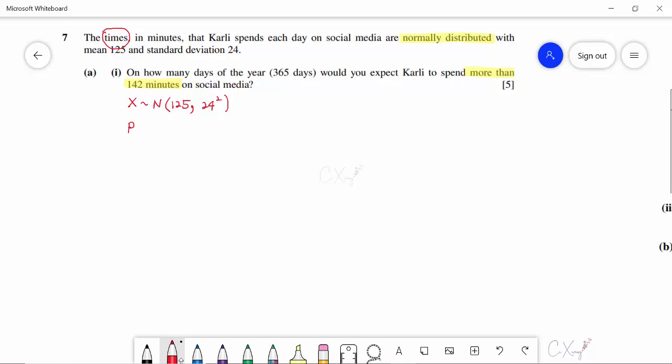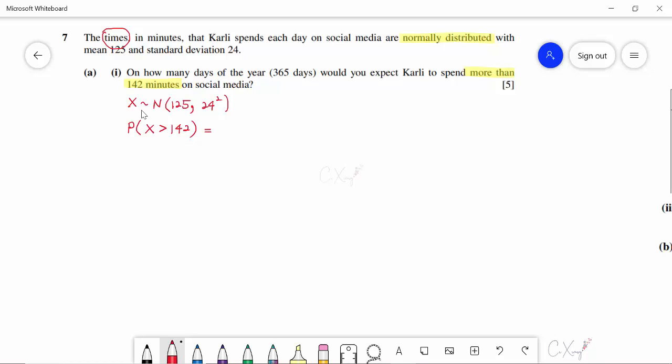When you translate it into symbol form, it should be X, which is the time, greater than 142. You need to find this probability first, and after that you multiply it by the 365 days to know the total number of days in the year that CAIE spends more than 142 minutes on social media. Okay, so let's start with this one. This is X, and you know that X is normally distributed.